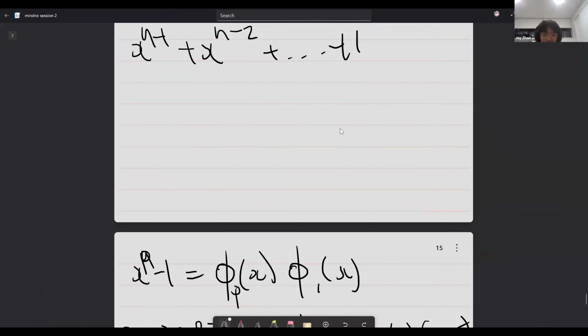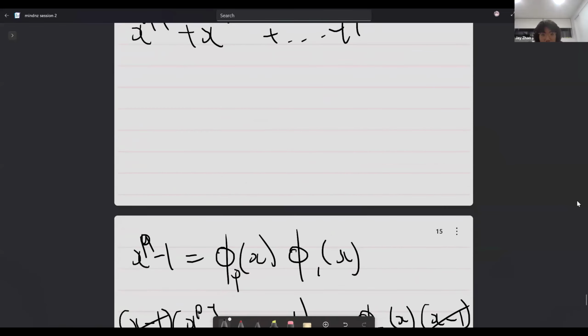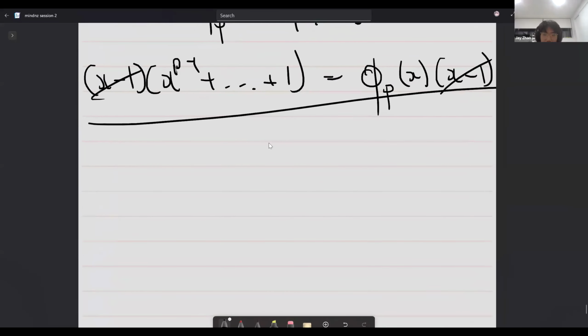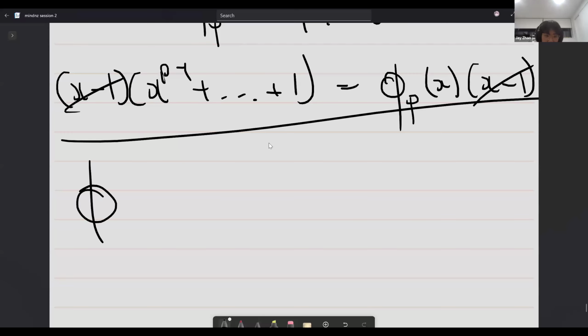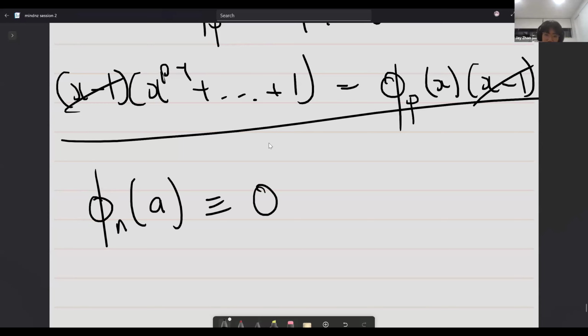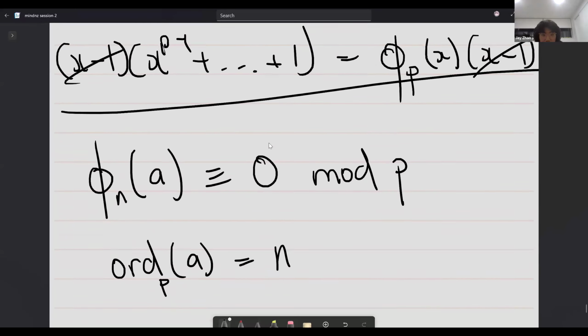So that's pretty cool. And so now I'm going to talk about why cyclotomic polynomials are interesting. If you have the nth cyclotomic polynomial of a, and this is congruent to 0 mod p, this means that the order of a is exactly n.